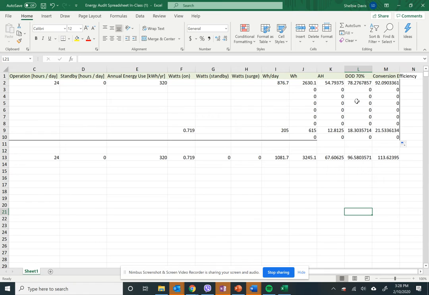So for column L, I changed the formula to K2 divided by 0.7. And then for column M, I divided it by 0.85.